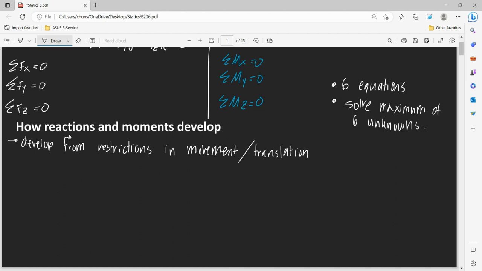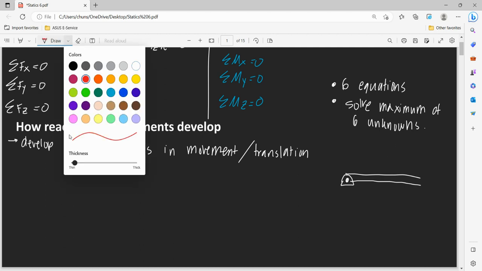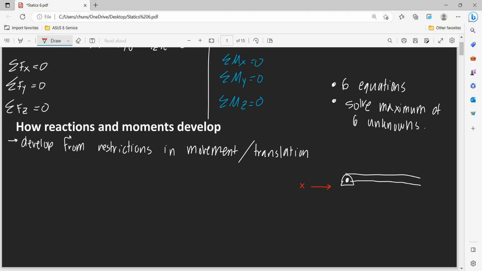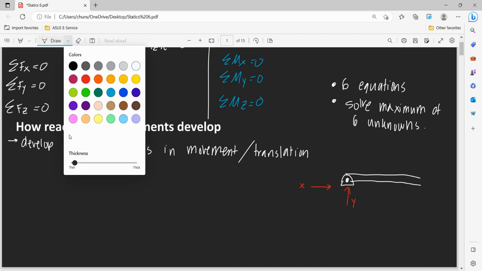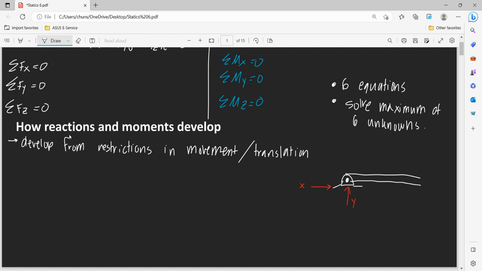Right, so that's to say that if we use our 2D example, if I have a beam on this hinge, that would develop an X and a Y reaction, which we already covered, because if it's secured to the ground, then this means we can't drag and move that pin to the side or lift it up and down, right?